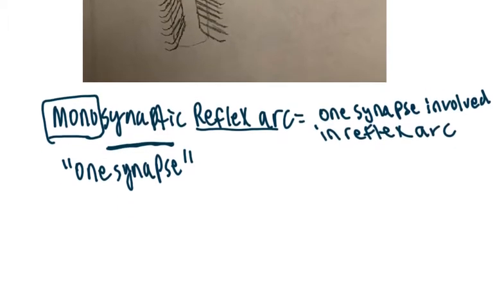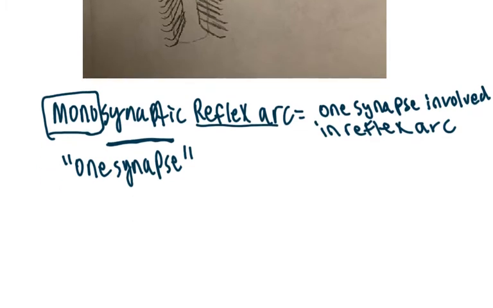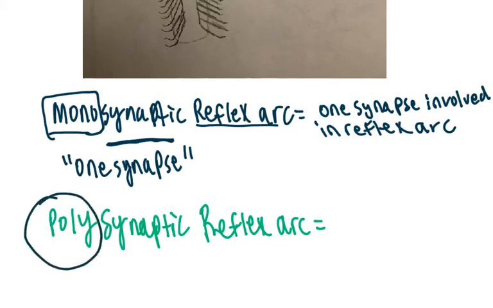And if you follow this definition, you probably already guessed that a polysynaptic reflex arc means that we have a reflex arc that involves more than one synapse. Because poly means many.